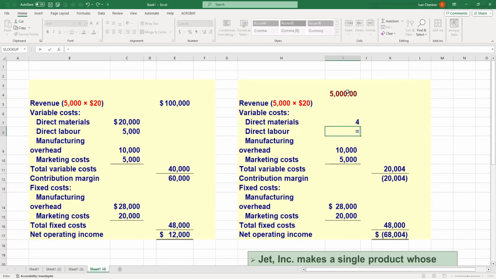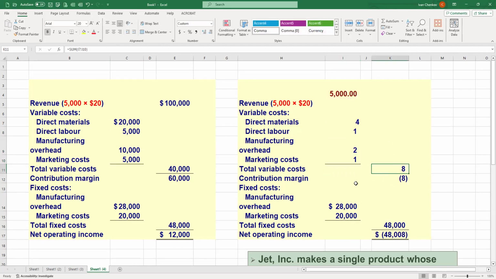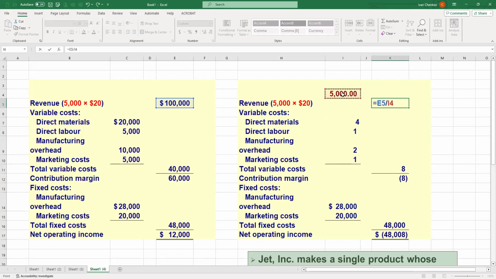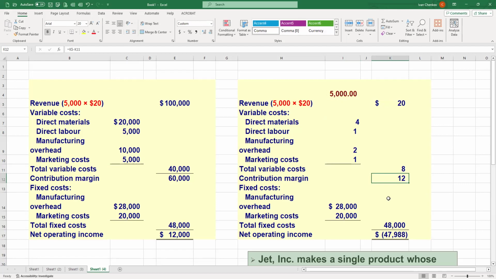Direct labor will be $5,000 divided by 5,000, which is $1. Manufacturing overhead will be $2. And the marketing cost will be $1. So the total variable cost is $8. Our normal regular contribution margin per unit is $12, correct?